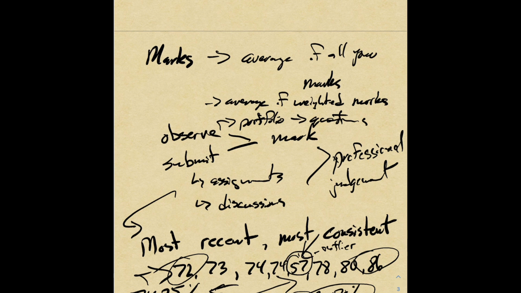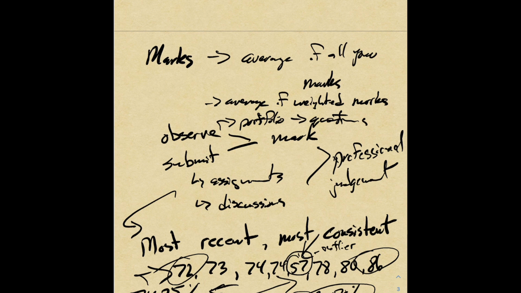Maybe it does, maybe it doesn't. If you see that maybe the higher marks are based on a lot of group work, well, maybe the mark isn't quite as high. Maybe that 86 was a group presentation thing, so maybe you're looking at more like a 77 to 78 kind of thing, right?